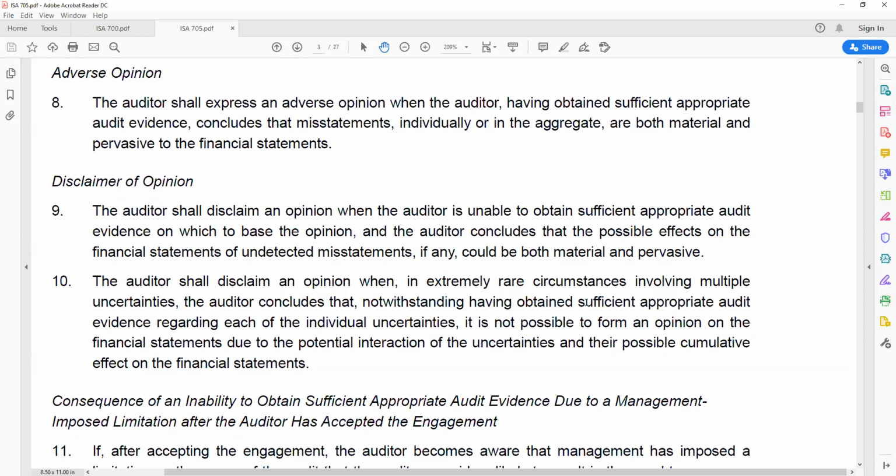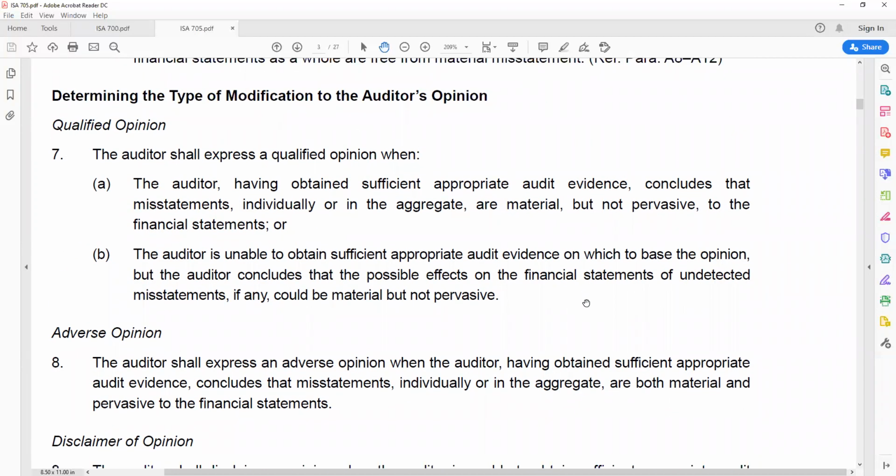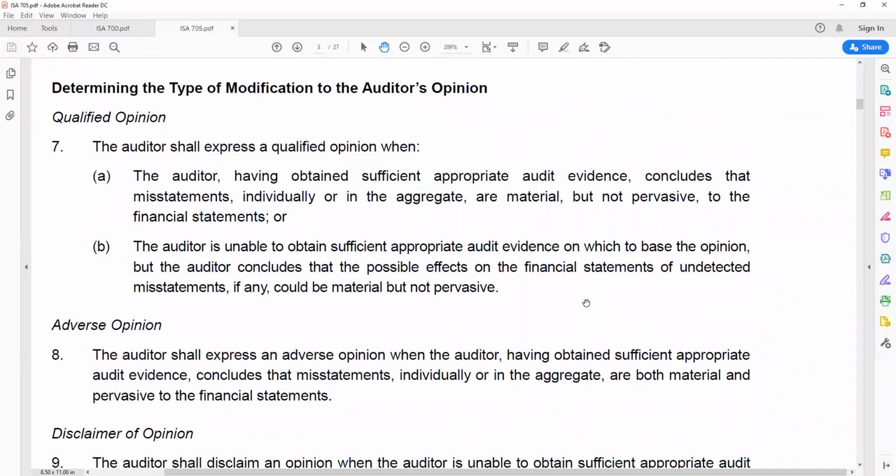Okay, I've mentioned, let me just go back. For the qualified opinion, you can say that you're going to issue qualified opinion A. We have just done A. Let's go through point number 7.